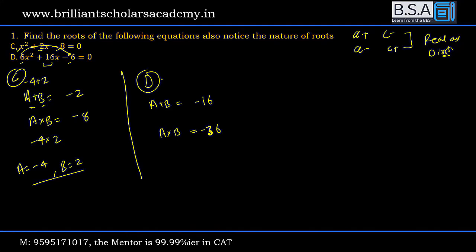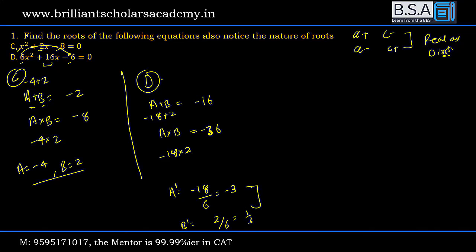Now you have to apply a little trial and error. This appears to me as minus 18 plus 2, minus 18 into 2. Now the roots are not minus 18 and 2. What are the actual roots? Minus 18 by 6, minus 3, plus 2 by 6, 1 by 3.